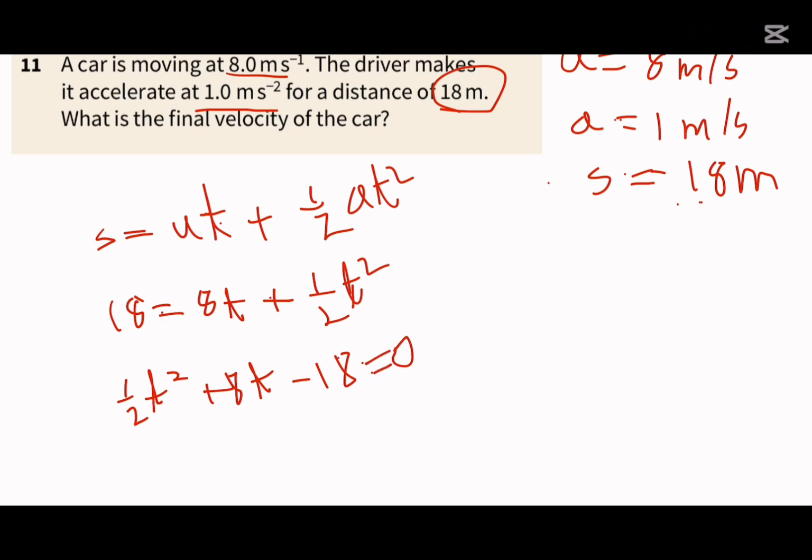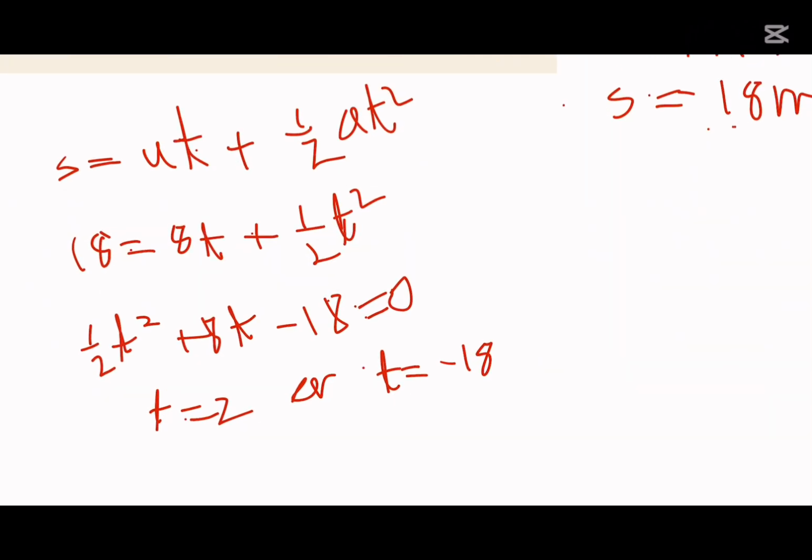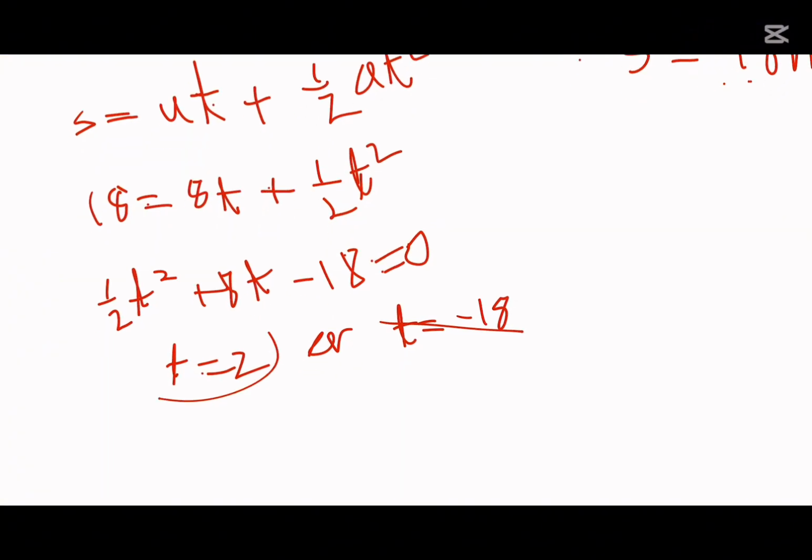I just use the calculator to solve that: 0.5, 8, and negative 18. So t equals 2, or t equals negative 18. But negative 18 will be rejected because time can only be positive. So t equals 2.